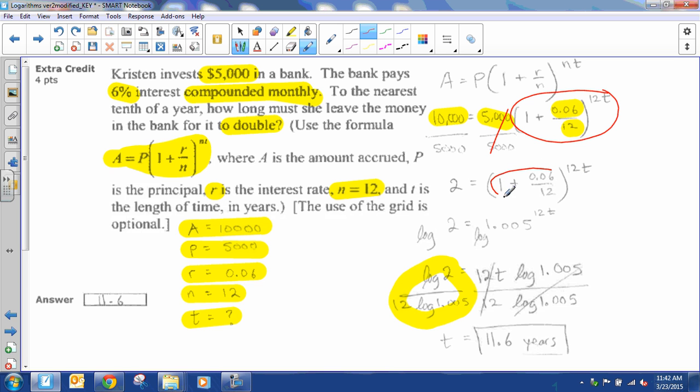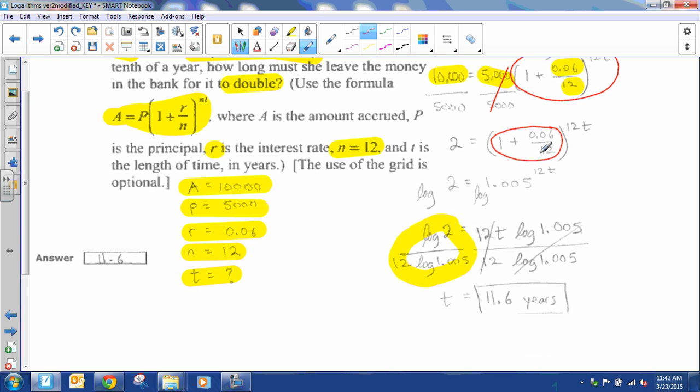Let's simplify by calculating 1 plus 0.06 divided by 12, which is 1.005. We now take the log of both sides, so the 12t can come down. And as you can see, we're going to divide both sides by 12 log of 1.005, that cancels those out, getting the t by itself.